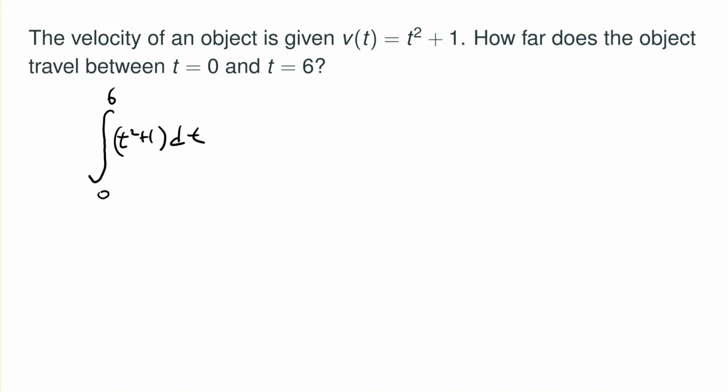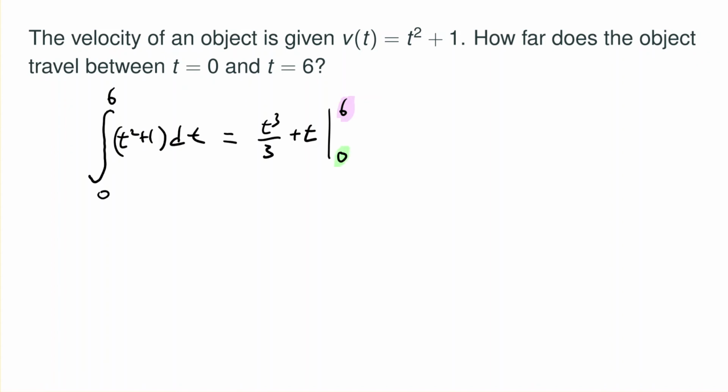So let's take the antiderivative to evaluate the definite integral by the fundamental theorem of calculus. We get t cubed over 3 plus t. Evaluate this at 0 and 6. So I plug 6 in first for t, and then I plug 0 in and subtract from each other, right?